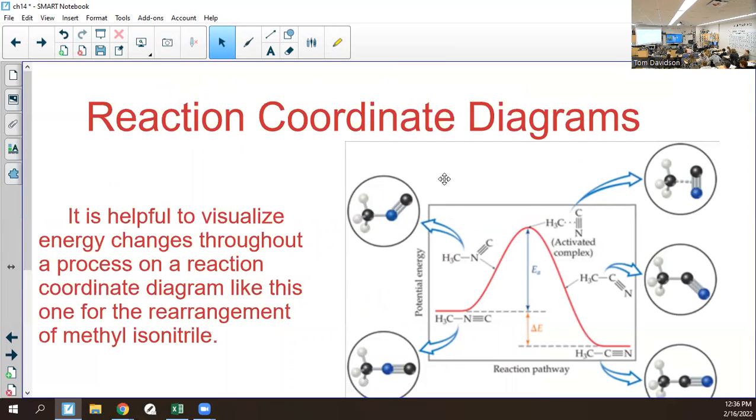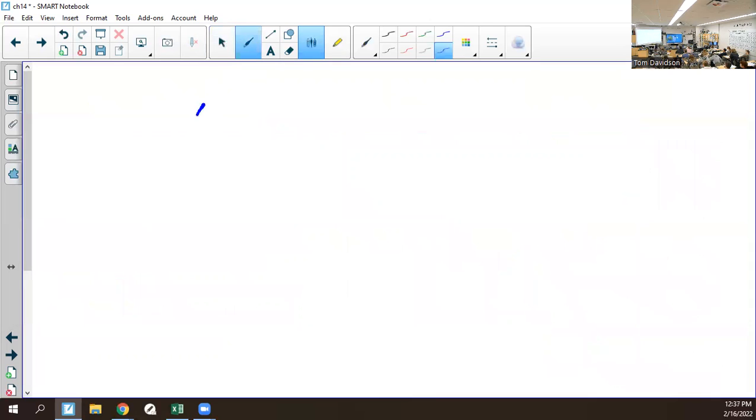Reaction coordinate diagrams. Haven't we already done these? Have we? They're the same. This looks more complicated than it needs to be. These are on the AP test, and they're not math. Hallelujah, right? A reaction coordinate diagram, I feel like we already did.